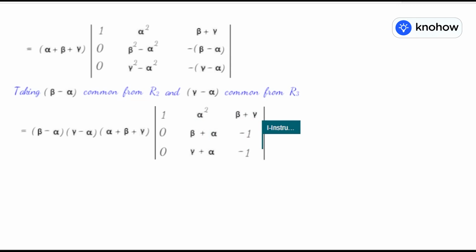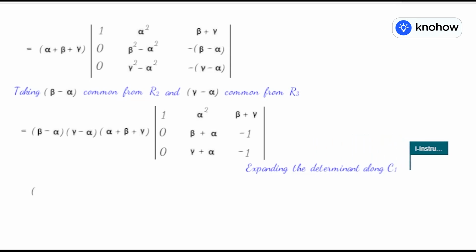And now obviously we should expand at this stage the determinant along column 1. Already you have the factors outside: alpha plus beta plus gamma, beta minus alpha and gamma minus alpha. Out of beta minus alpha, if you take minus common, you will get alpha minus beta, because we need alpha minus beta, beta minus gamma, gamma minus alpha as such is okay, and the other factor alpha plus beta plus gamma.